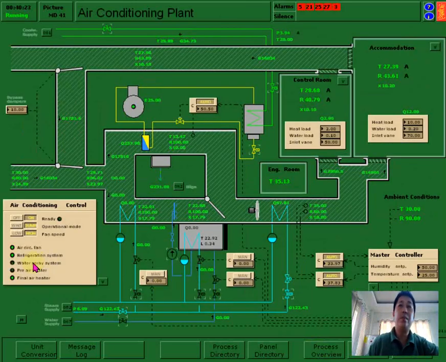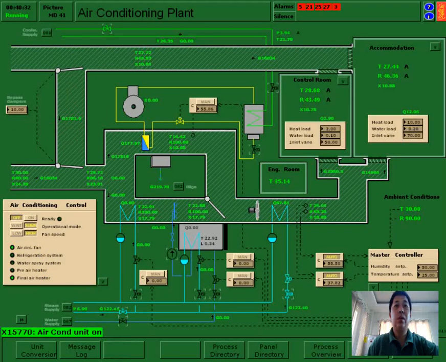Now I try to stop the air condition. The load will reduce.